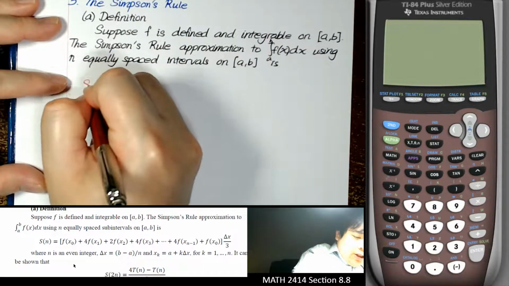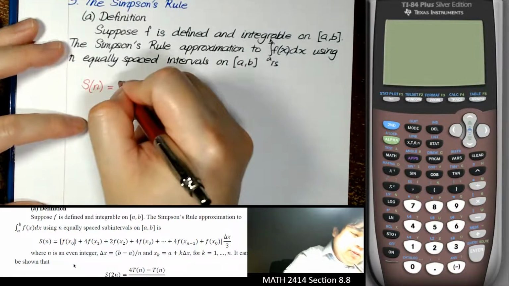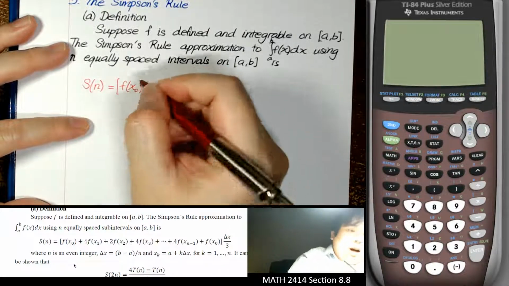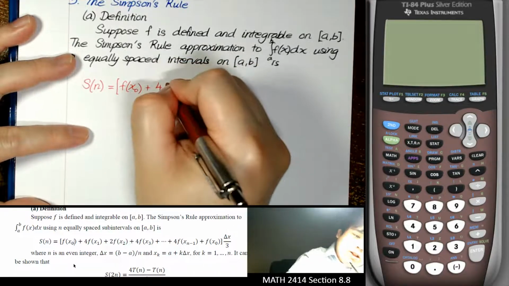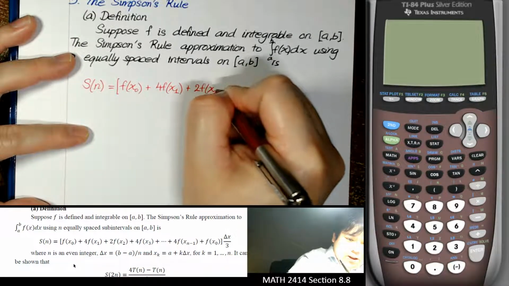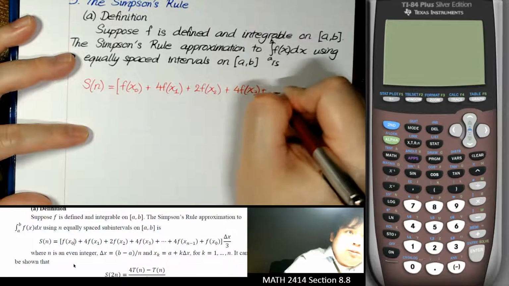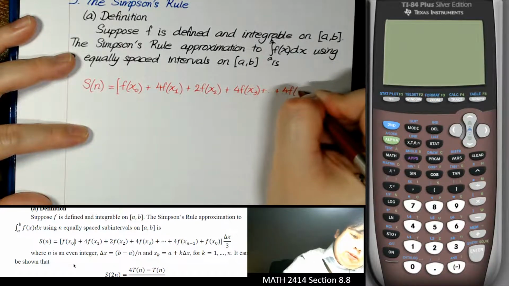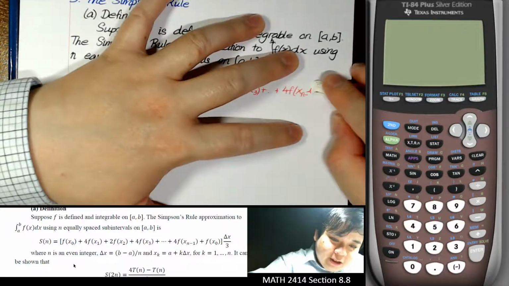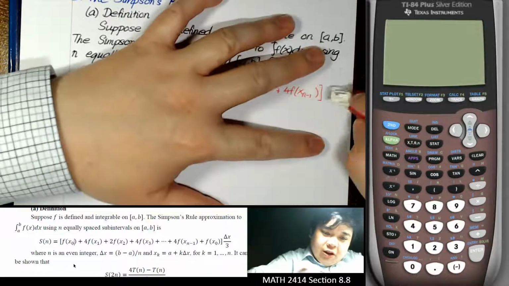So if we use the Simpson's rule for n subintervals, left endpoint, 4 times, and then 2, sorry.